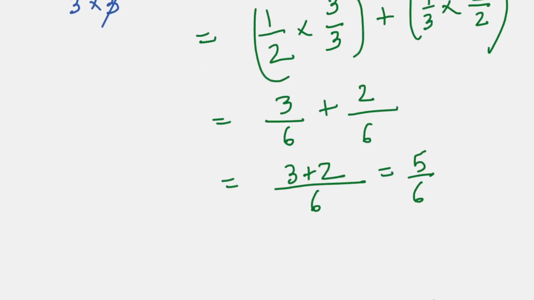Now, another kind of addition we'll do, unlike fractions only, but where the denominators have some common factors. We can take 1 by 3 and 1 by 9. These are still unlike fractions because they have different denominators, but they do share common factors.